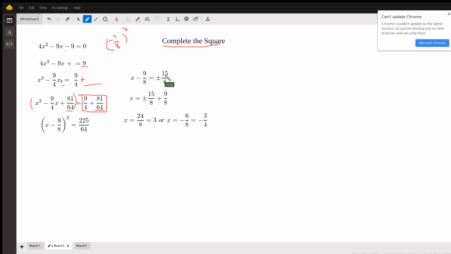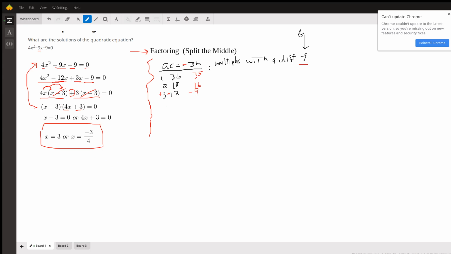On the right, you get plus or minus 15/8, the square root of 225/64. Add 9/8 to both sides, and we've got plus 15 plus 9 all over 8 is 24/8, or 3. We've got minus 15 plus 9 is minus 6/8, or negative 3/4, which is exactly what we got on the first board. 3 or negative 3/4.